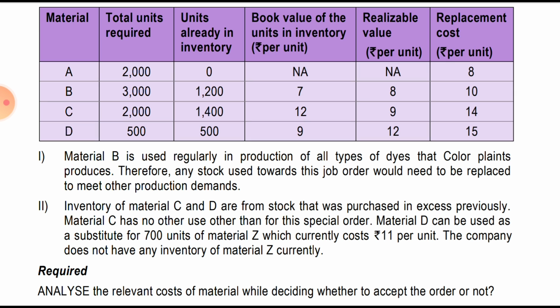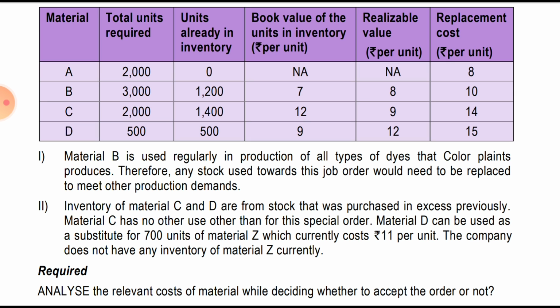For D, it can be used as a substitute for 700 units of material Z, which is currently costed at 11 per unit. So 700 into 11 is 7700. As it was in excess and is already available in stock, the company does not have any inventory of Z currently.